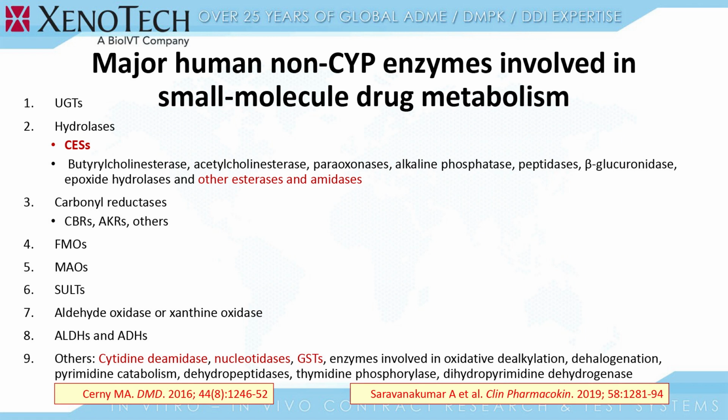Carbonyl reductases, followed by FMOs and MAOs, sulfotransferase enzymes, aldehyde oxidase or xanthine oxidase, alcohol dehydrogenase and aldehyde dehydrogenase enzymes, and lastly, the other. These include cytidine deaminases, nucleotidases, GSTs, other enzymes that are involved in oxidative dealkylation, dehalogenation, pyrimidine catabolism, etc.